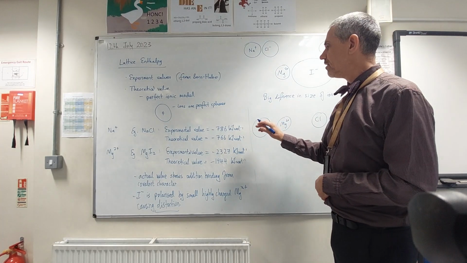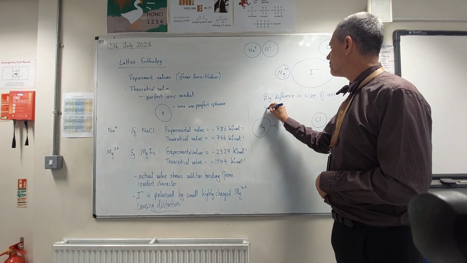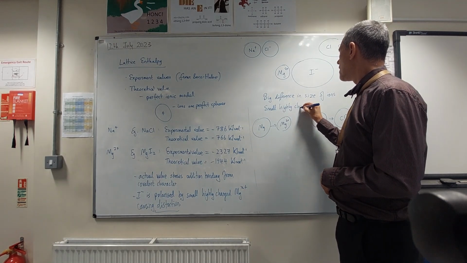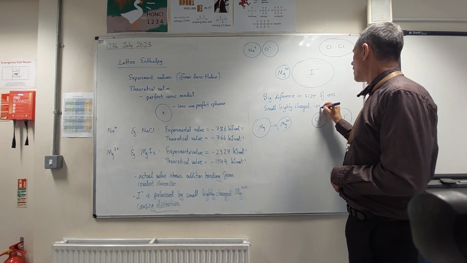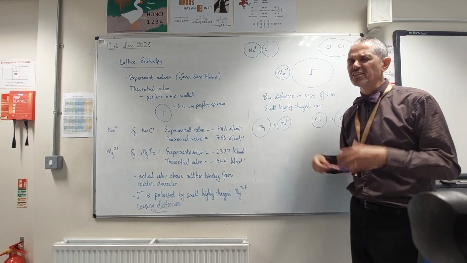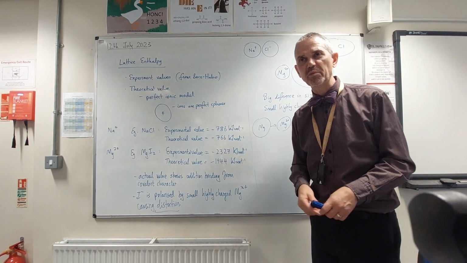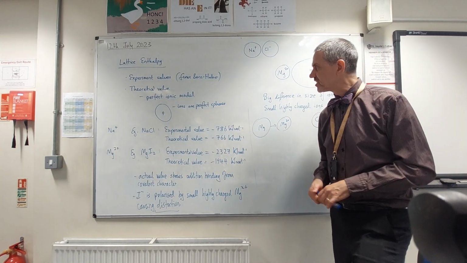And anything with a small, highly charged ion. So the small ions are usually going to be the positive ones. They don't have to be. Cesium plus would be a fairly large positive ion.